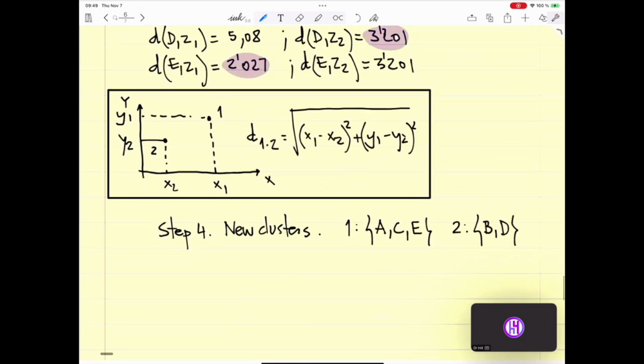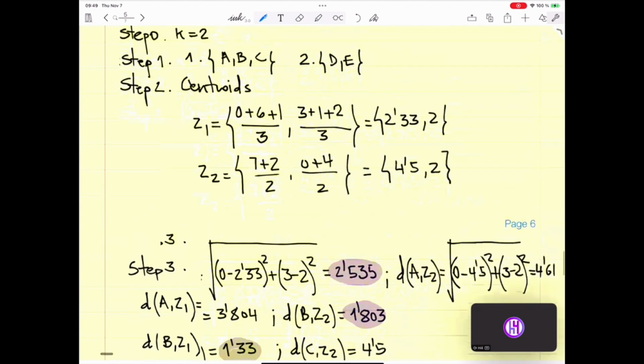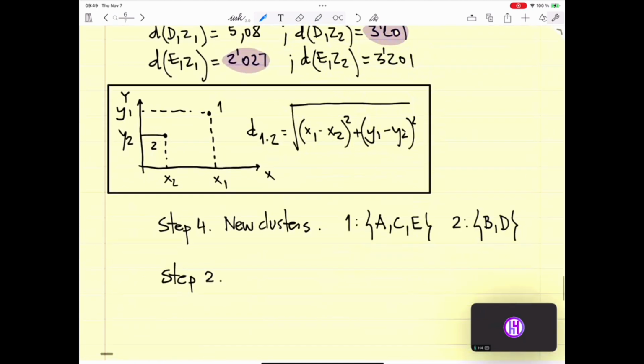So now we go back, because the clusters we have now are different than those that we hypothesized. We need to test it again, okay? So we go back to step 2. The new centroids.